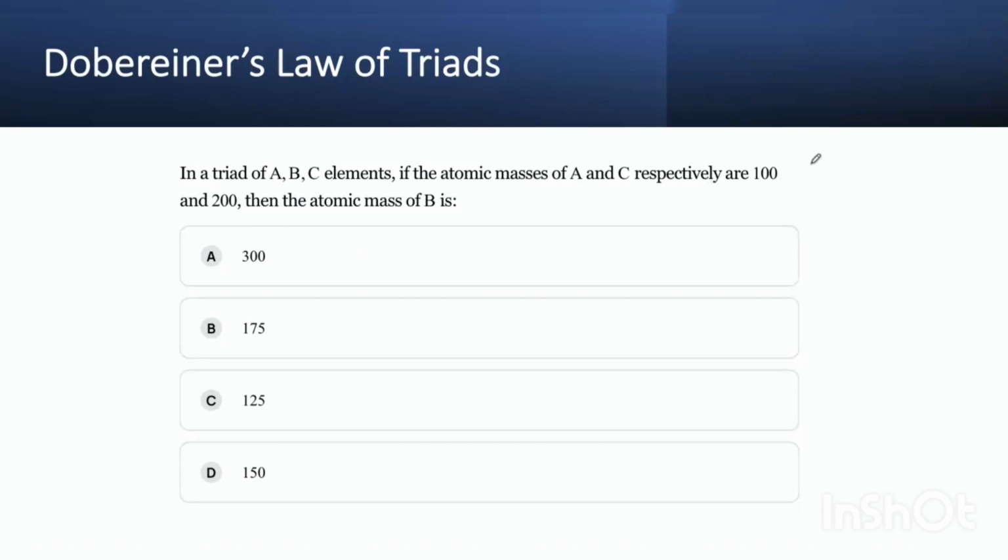So the atomic mass of B will be 100 plus 200 divided by 2, which is equal to 300 by 2, that is 150.